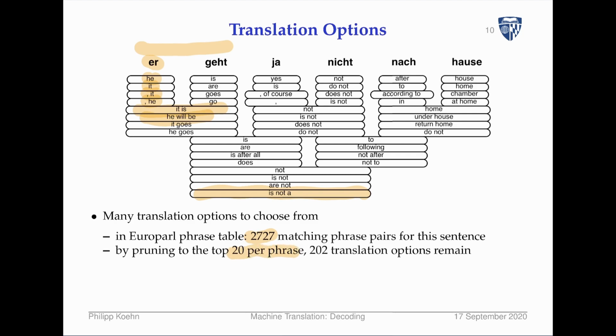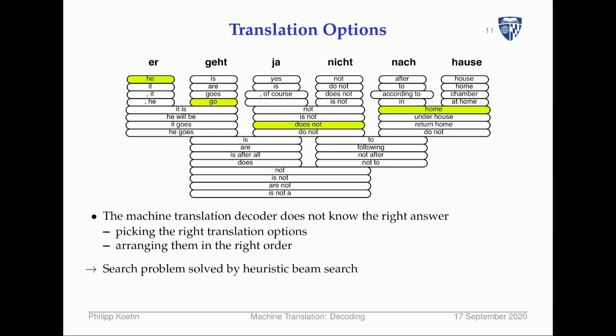We can only look at the top 20 translations per phrase. That's probably good enough. And in this case, still 202 translation options remain. Keep in mind, this is a very short sentence. The average newspaper sentence is maybe 20, 30 words. This one is 6 words. And you have 200 translation options to deal with. These are the ones you should have picked.